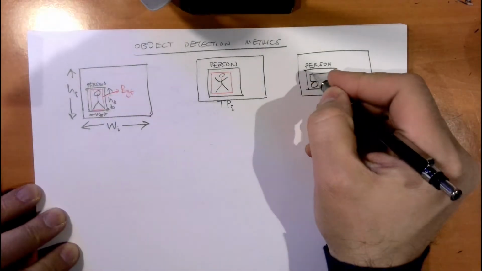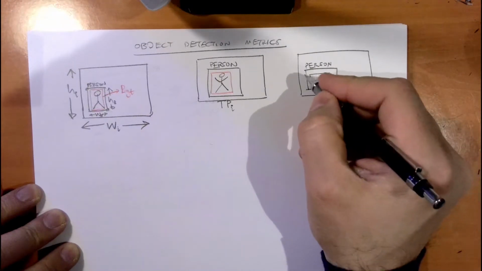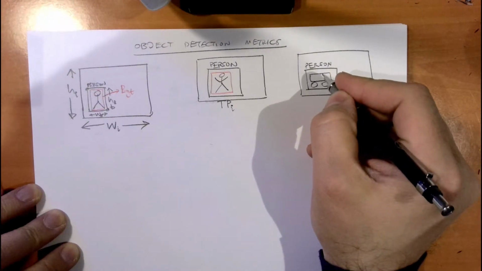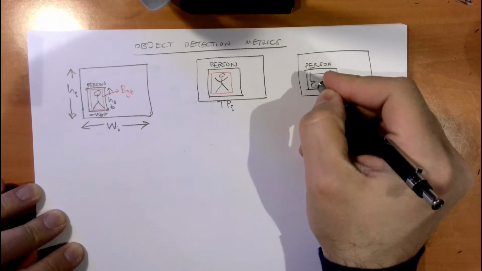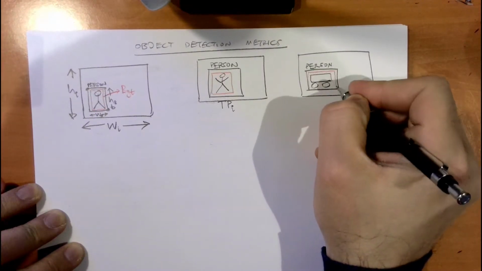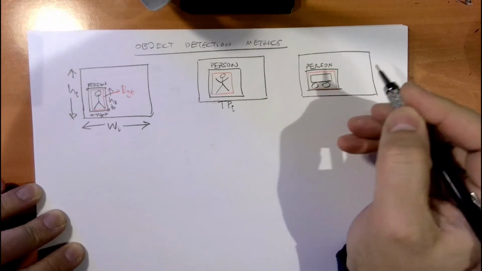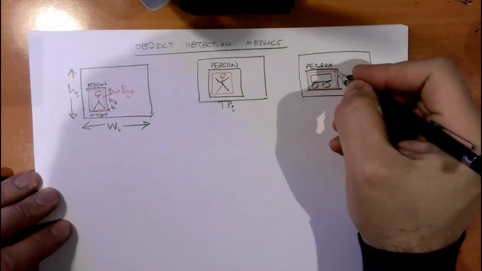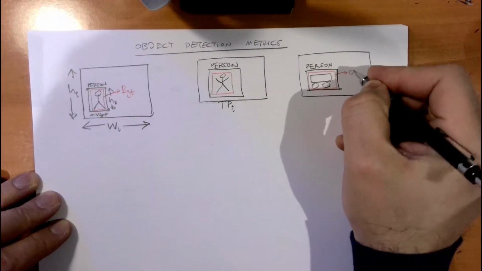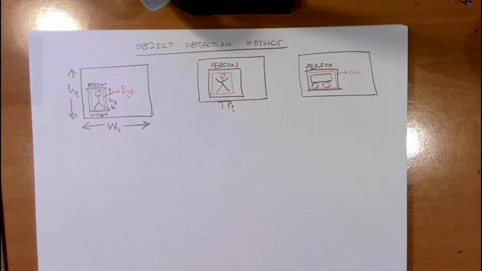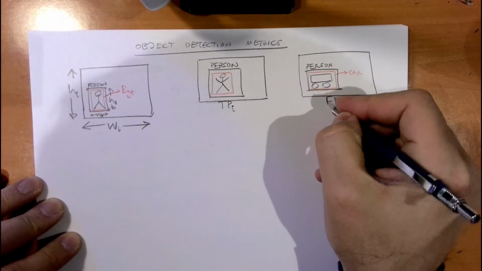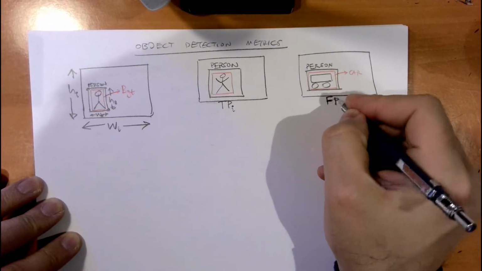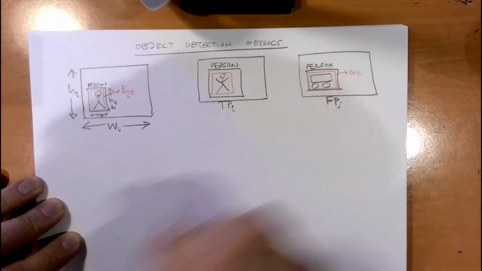So here we have ground truth, associated with the class car, and this is obviously called a false positive, and I will call it J.